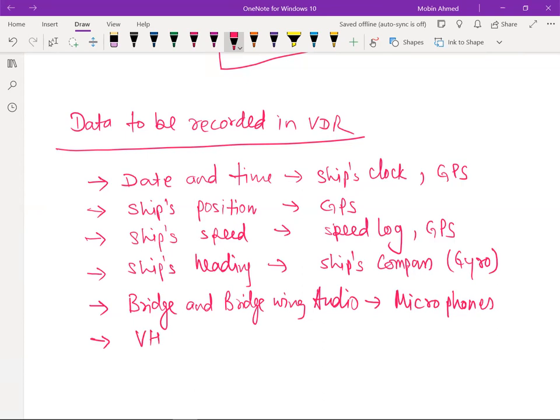Then VHF communications. So this is from the VHF sets.